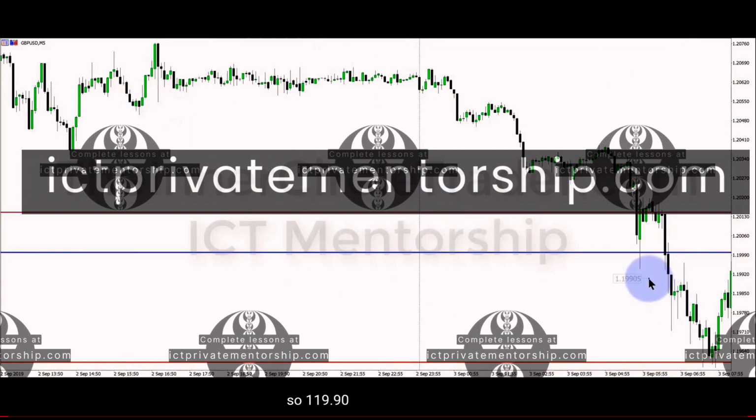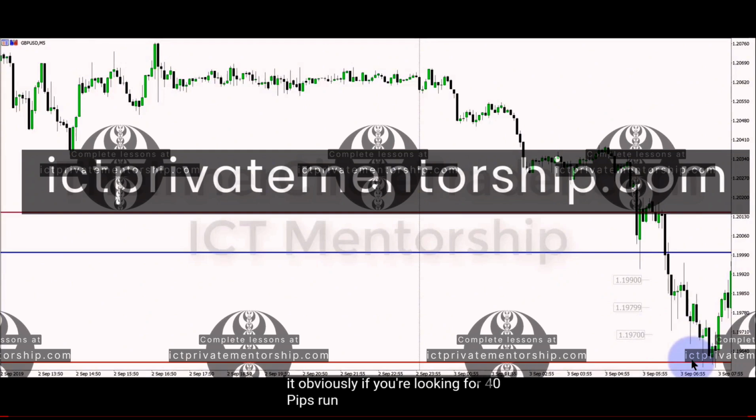So 119.90 here. 20 pips, 119.80. Take something off. 119.70. Take something off. And then the last portion at 119.60, which is 40 pips below it.